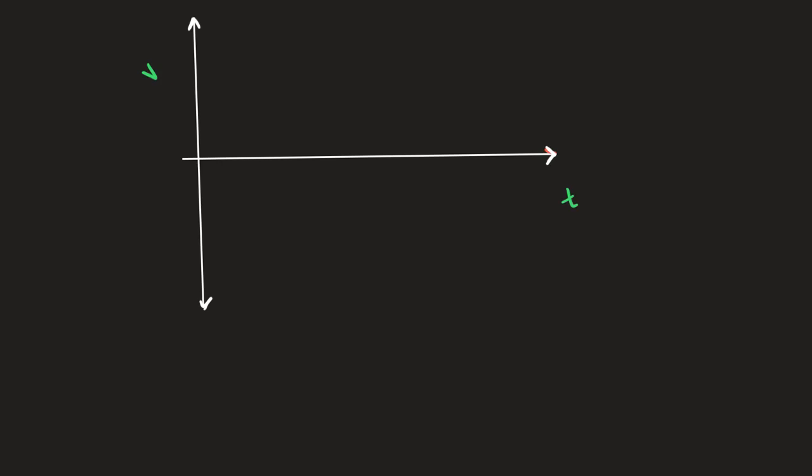The horizontal velocity was 5 meters per second. It never changed, so it should be a horizontal line, just like so.